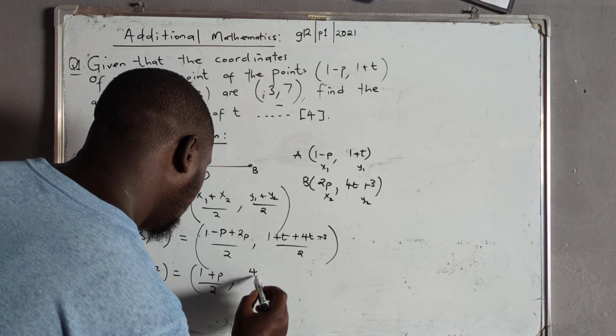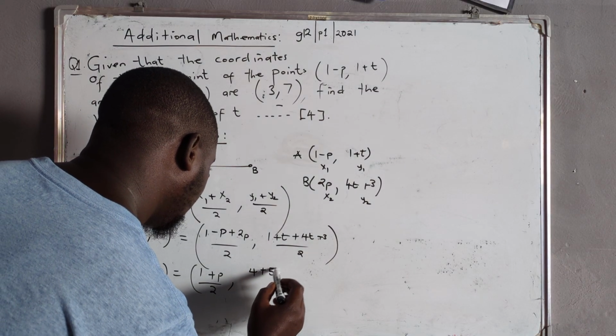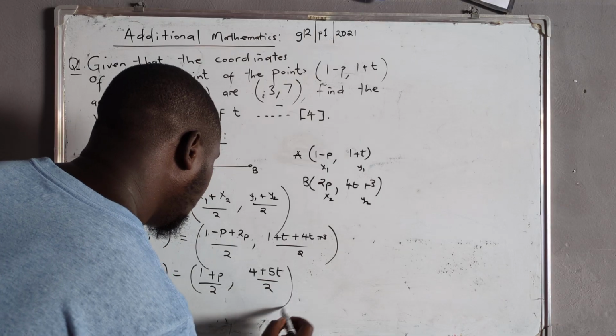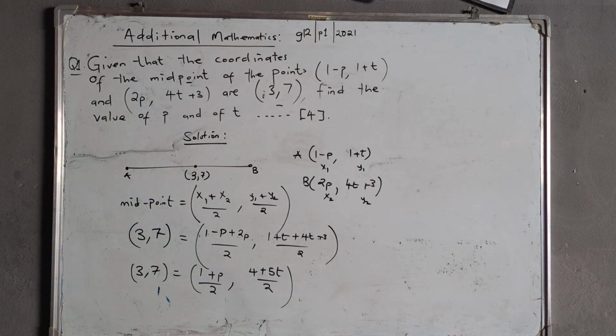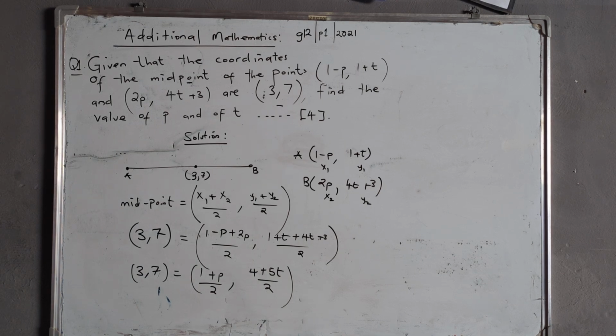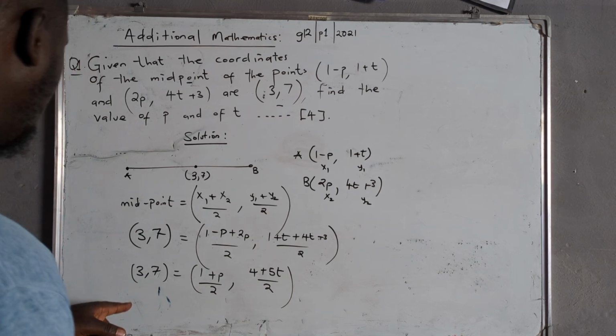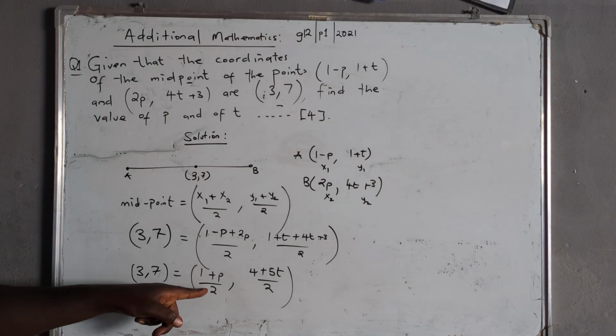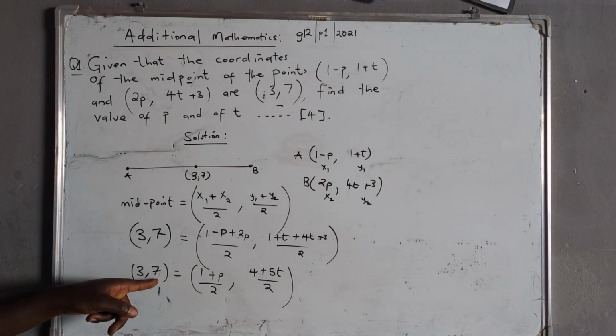So we say 4 plus 5t over 2. Does that make sense? So at this point you should realize that the x is equal to the x and the y is equal to the y.